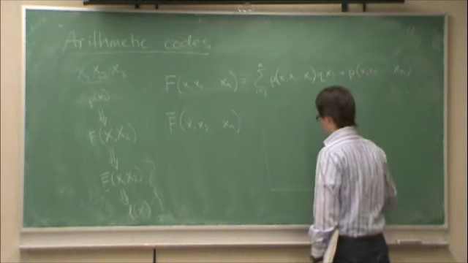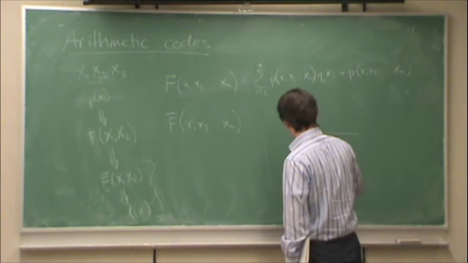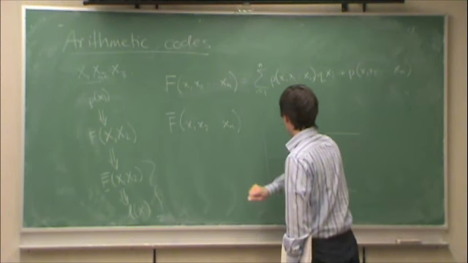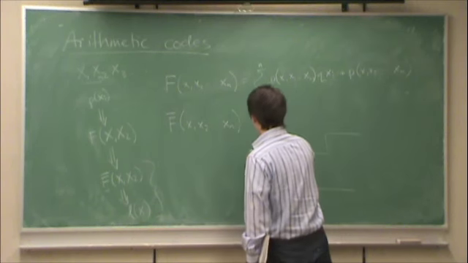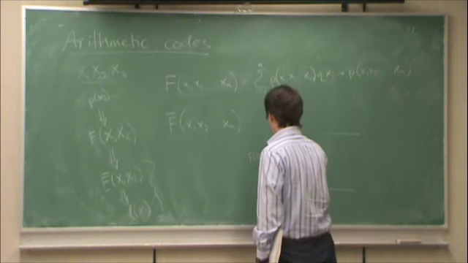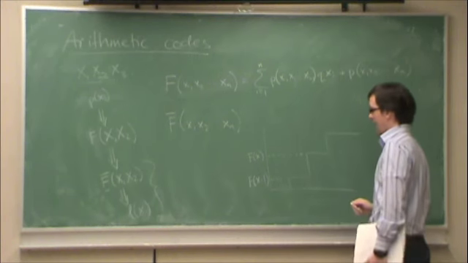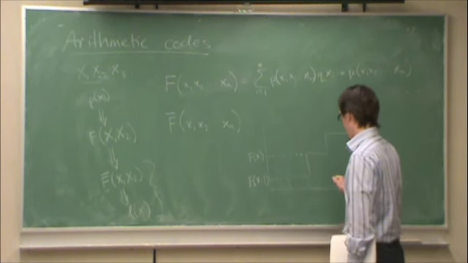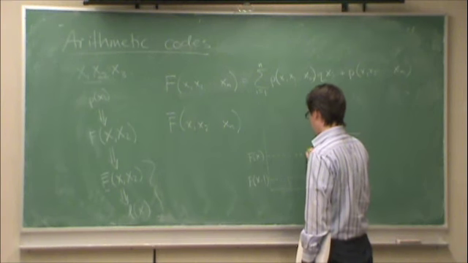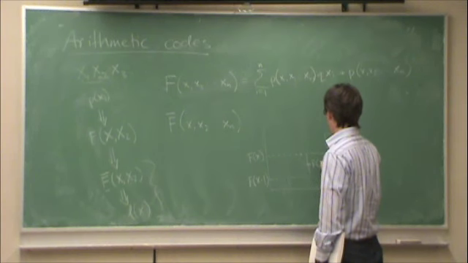When we have our CDF, and we plot it like so, this value right here is F of x. This value is F of x minus 1. And this right here, halfway between F of x minus 1 and F of x, is F bar.